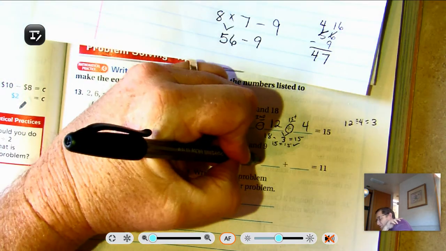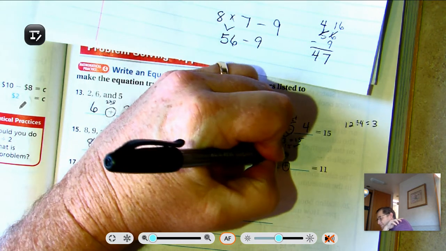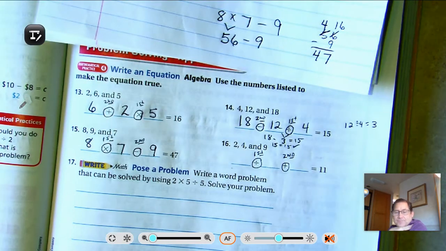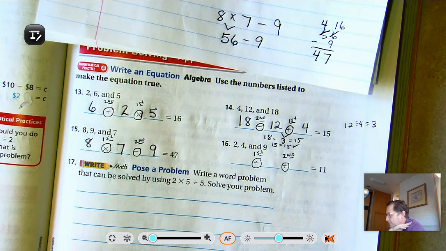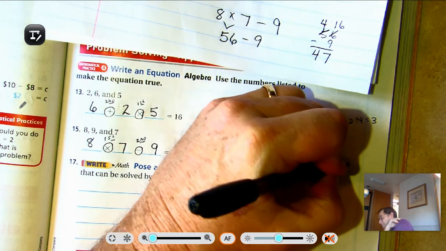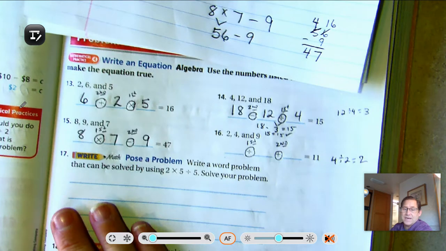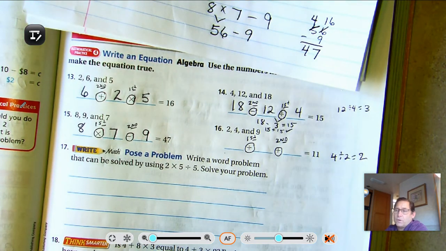Okay, so we have division followed by an addition problem. So we know we have to divide first and add second. Well, let's see, which one of those would work as a division problem? 4 divided by 2? You could do that, right? 4 divided by 2, that's 2. Could I do 9 divided by 4? 4, 8, 12.